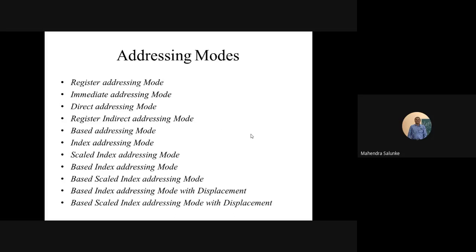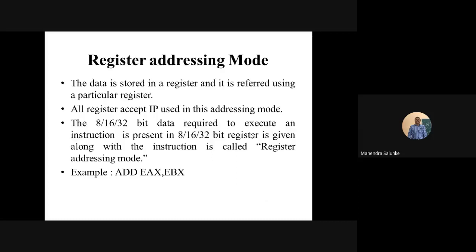All right, so one by one we'll discuss. The first two are register and immediate addressing mode. Register addressing mode is a very interesting one. In this addressing mode, the data that we want to use for execution of our instruction is available inside the register. That's why we call it register addressing mode. So here the operand is available in the register itself.